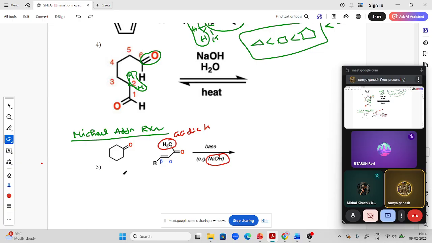This is a simple Michael addition where the carbanion is going to attack the olefinic bond here. For example, I'm creating a negative charge here. So this would go and attack this while this double bond shifts to the alpha position.